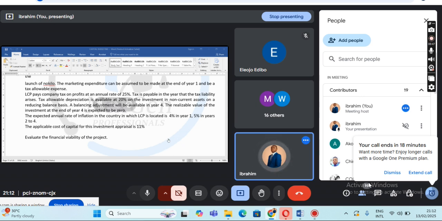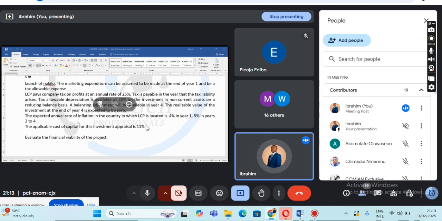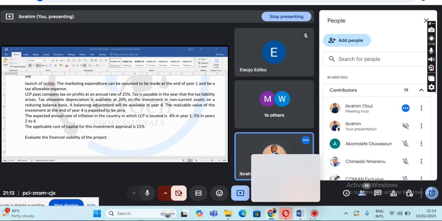You can see how simple it is. Is it not simple, class? From the analysis, this question is simple now, right? This question is just adopted from one of the ACCA questions, so it's very simple. Let's just do it.